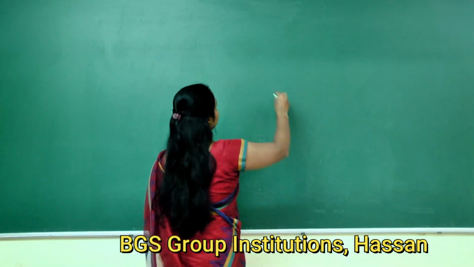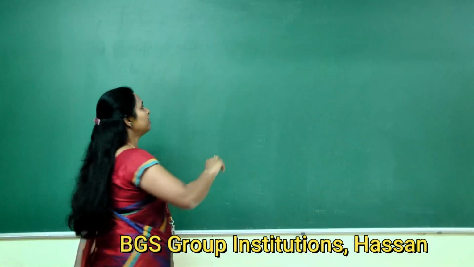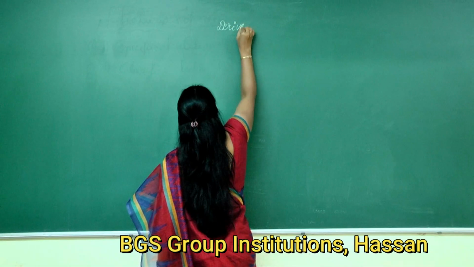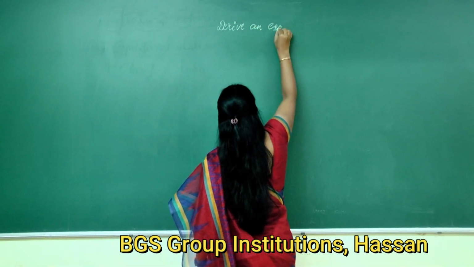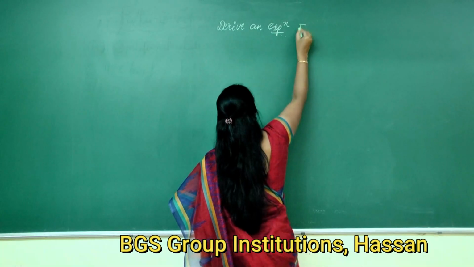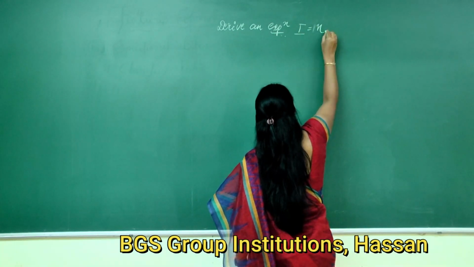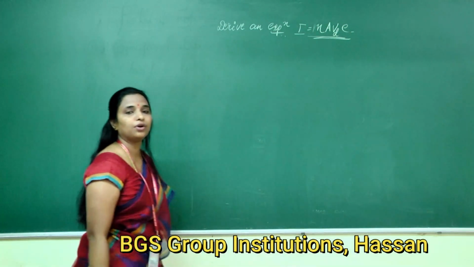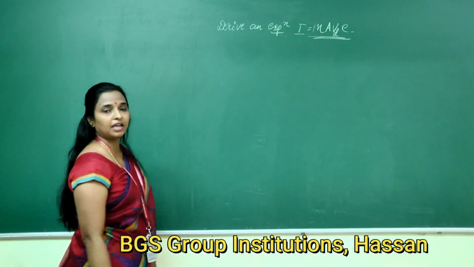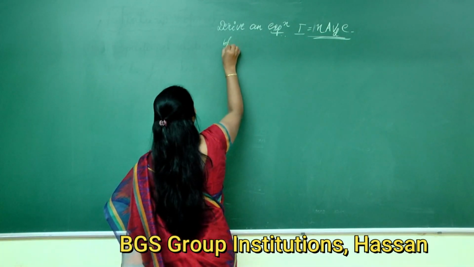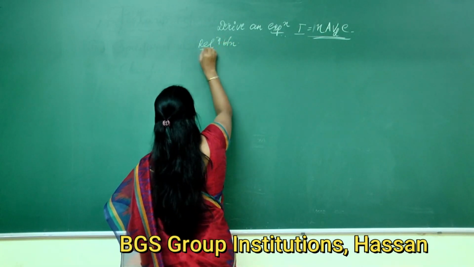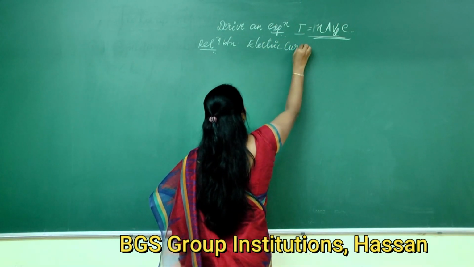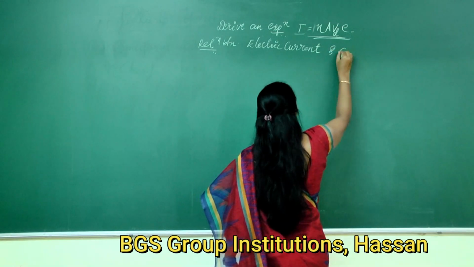In the examination, you will get a question like: derive an expression I is equal to nAvde, or they can also ask you to arrive at the relation between electric current and drift velocity.